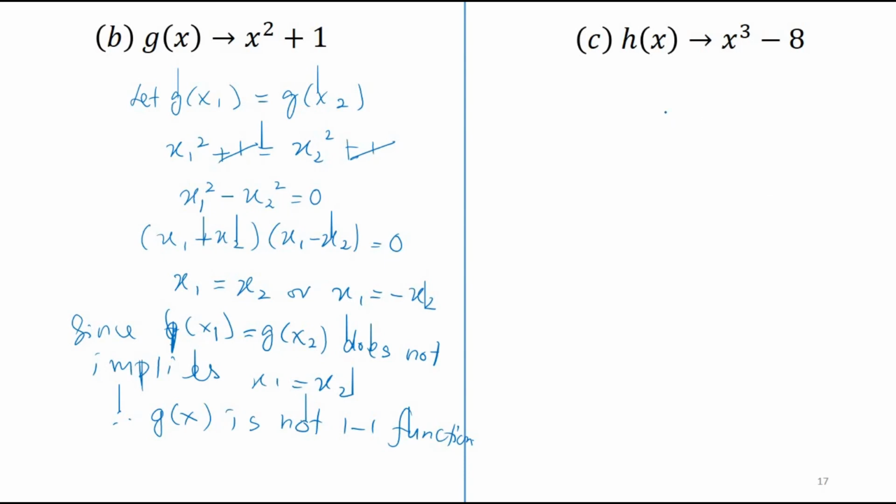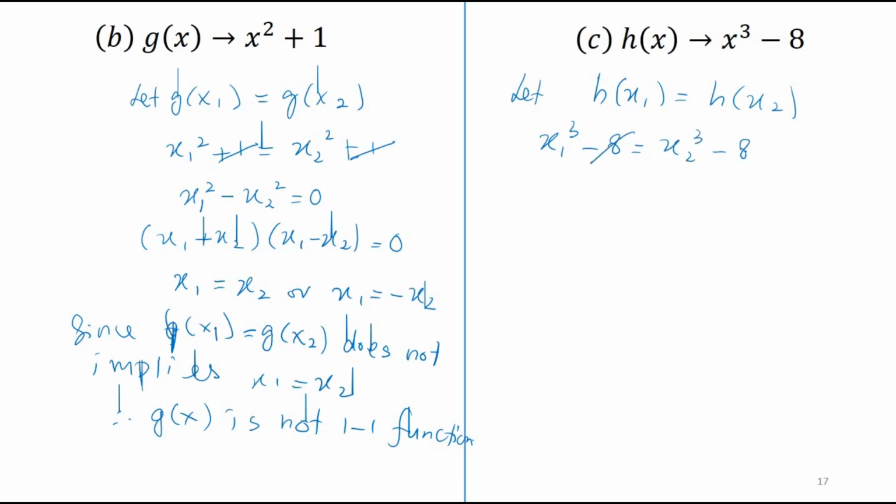So now let's look at another function. h(x) equal to x cubed minus 8. Same as before, you just let x1 equal to x2. Substitute x1 and x2 into the function, then you get x1 cubed minus 8 equal to x2 cubed minus 8.